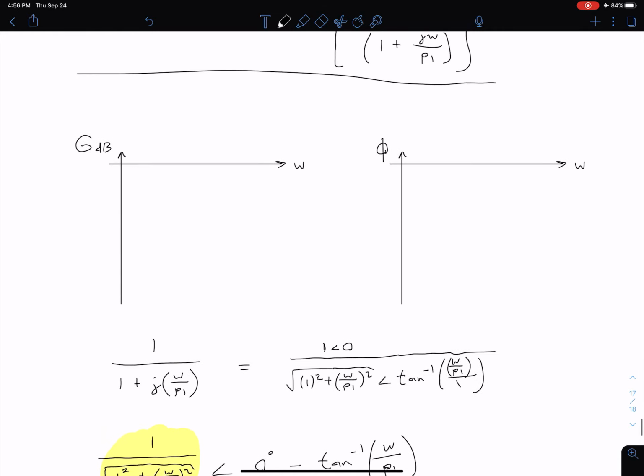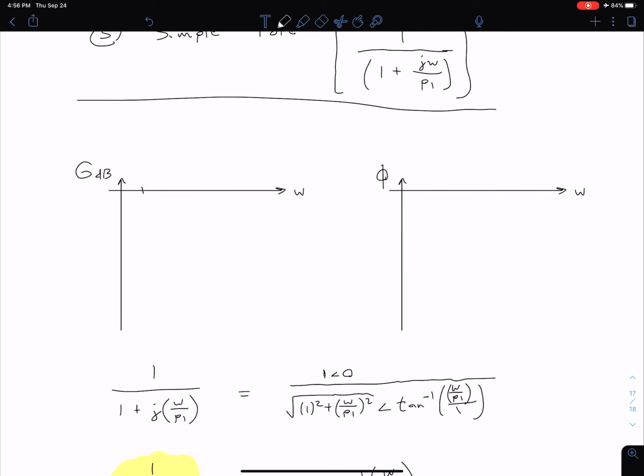So let's come up here and plot what that looks like. If we want to look at the most limited case, let's say we have our P1 here. This is 1/10 of P1, and this is 10 times P1, so we have a log scale for our frequency. And so what we're saying is that we have a -20 dB per decade slope, so let me go ahead and put a -20. We're saying that the same way that we did with our simple zero, our break frequency is here at P1.